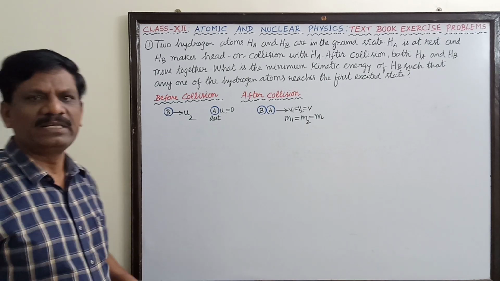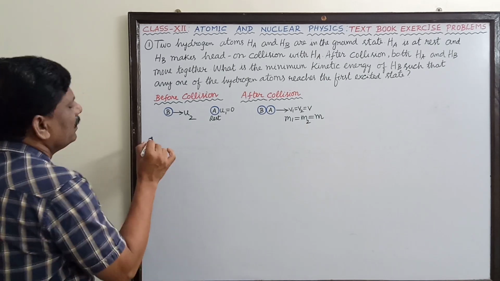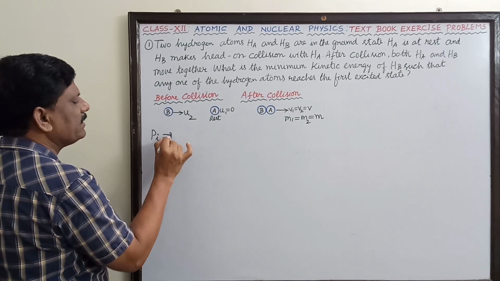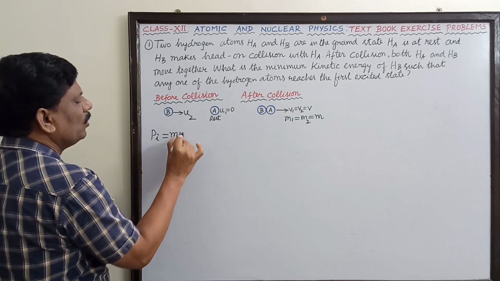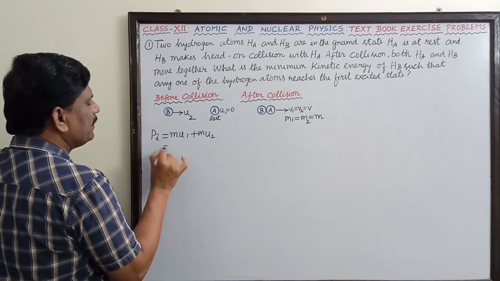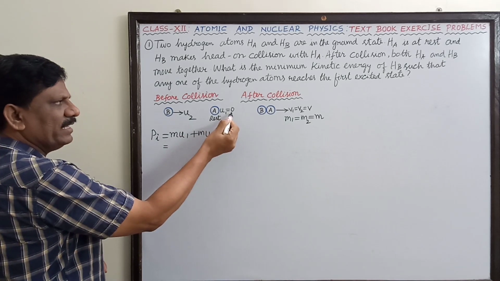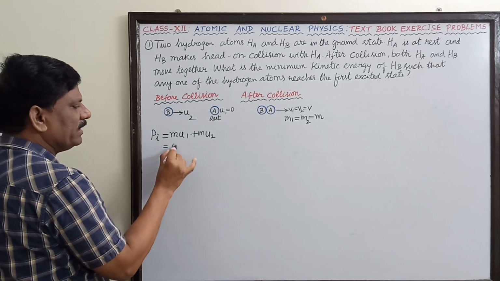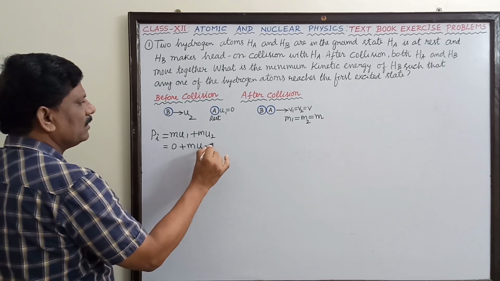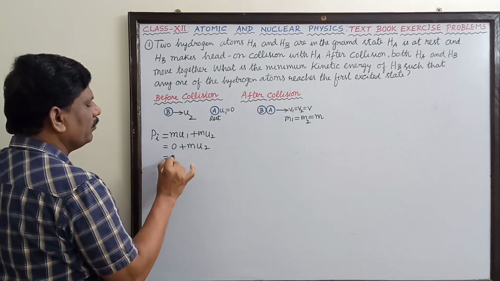So first let us take the conservation of momentum. The total initial momentum before collision is equal to M into U1 plus M into U2. The first one is 0, so this is 0 plus M into U2, which is equal to MU2.